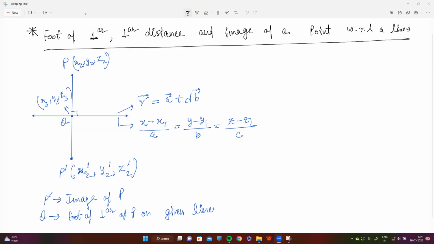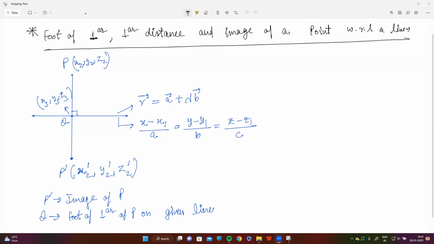So (x3, y3, z3) will be the foot of perpendicular. If you take this line as a mirror, then the reflection of P would be some P dash, the image of P, with coordinates (x2 dash, y2 dash, z2 dash).